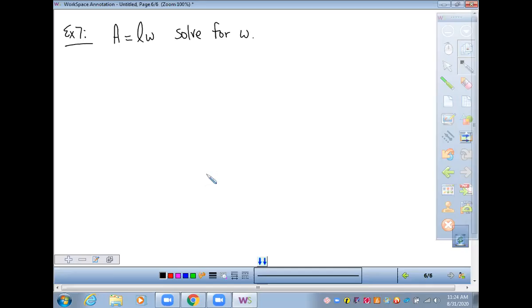Divide by what? L. So if we want W by itself, to get rid of the L, we're going to divide it on both sides. So that's going to give me W equals area, or A, over L.